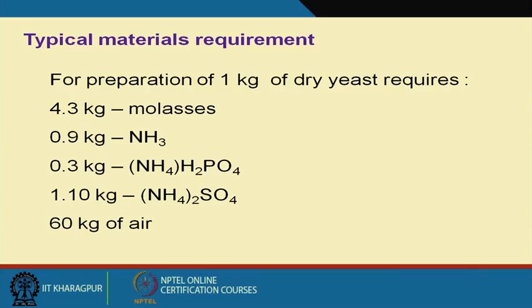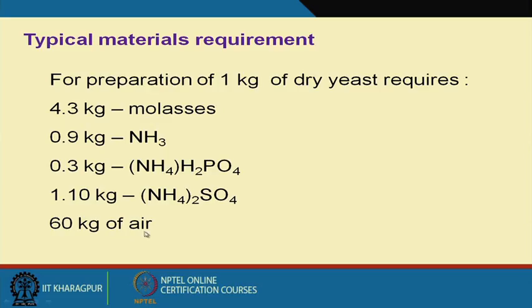Now, you can remember that initially I showed you some stoichiometry of the bioprocess. I want to show you how, from the stoichiometry, we can analyze this requirement of molasses for Baker's yeast production, and whether we can correlate it with this stoichiometry.